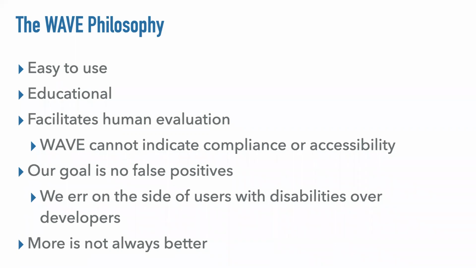Now, there are a lot of numbers thrown out there about how much automated testing tools can do. At WebAIM, we do in-depth manual accessibility testing. So we can take websites and perform in-depth testing using assistive technologies that people with disabilities use, and align our findings to the Web Content Accessibility Guidelines.